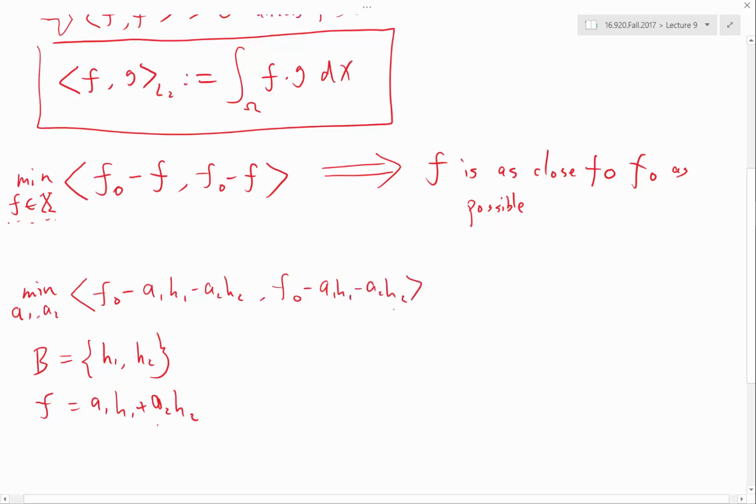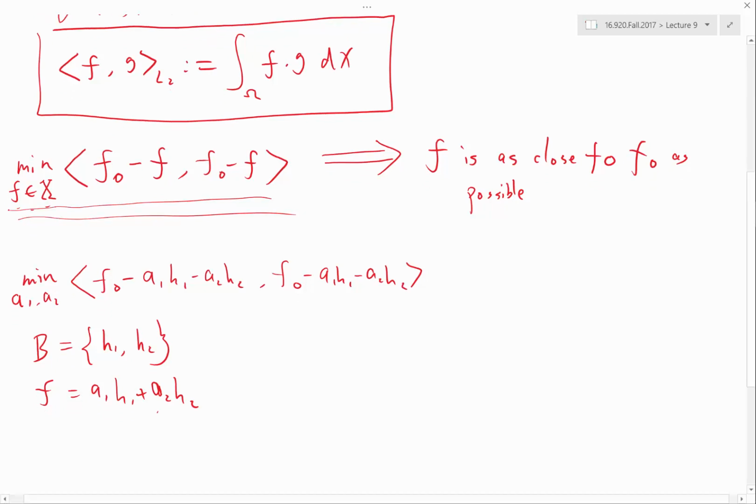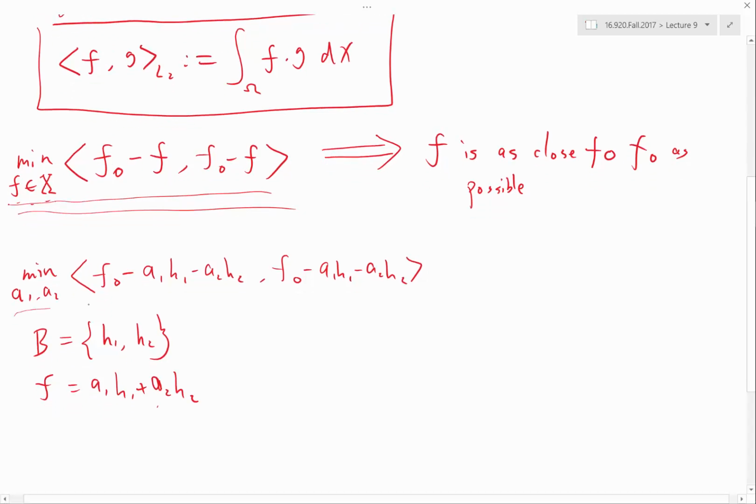right? Okay, so then the problem has been reduced from a very non-intuitive functional analysis problem, minimization over a class of functions, which is kind of tricky, into a very simple problem, just a minimization over two numbers, right?